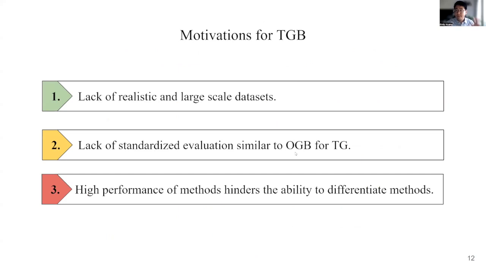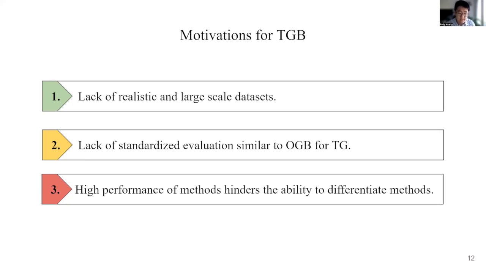So here are the three main motivations for building this temporal graph benchmark. First of all, there's a lack of realistic and large-scale datasets that can be directly applied in industry and in real applications. Second, there's a lack of standardized evaluation, similar to what OGB does for static graphs, for temporal graphs.